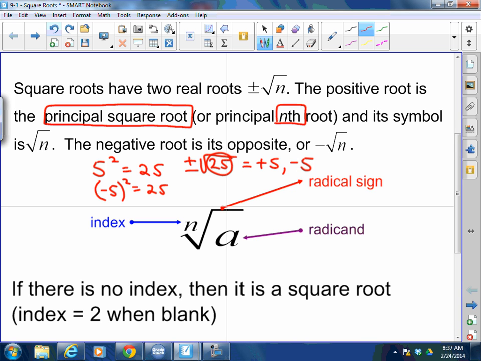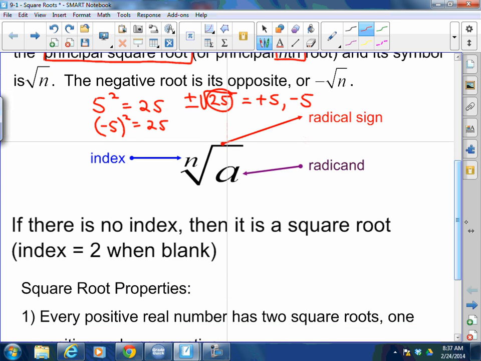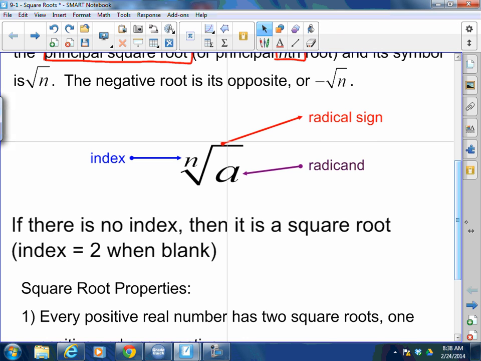Now, everyone has worked with radicals. However, not everyone really knows the nuances of radicals. There's a lot of vocabulary here that you should learn. First of all, this little number in between the little hook of the radical is called the index.